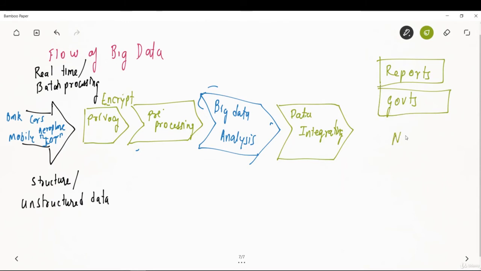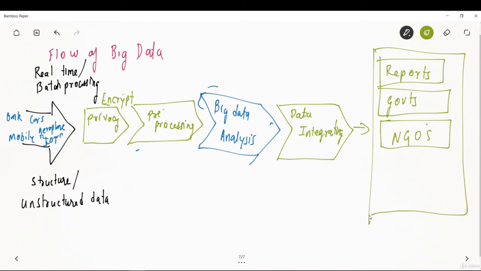It can be sent to NGOs, that are non-profit organizations. It can be sent to some authentication or public authorized system, whoever is authorized, and so on. So the data finally goes over here, and all these people can use the data.